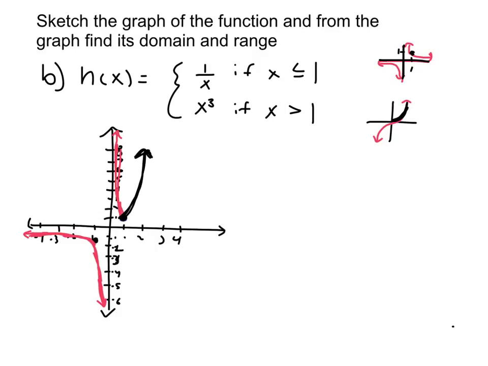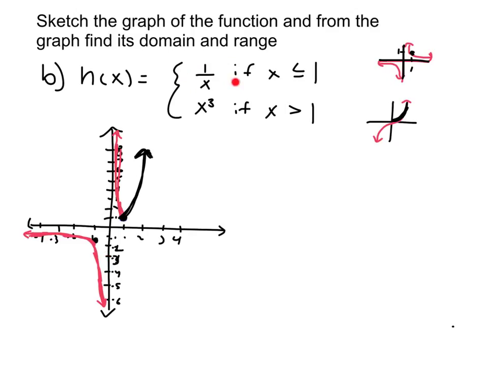Okay, so now let's talk about the domain and range. What is the domain? The domain is the values of x that are in this graph. Now, there's one value of x that's not here. So this goes from negative infinity, all the different values of x, because there's an arrow there. But once we get here, there's no value where x equals 0, right?